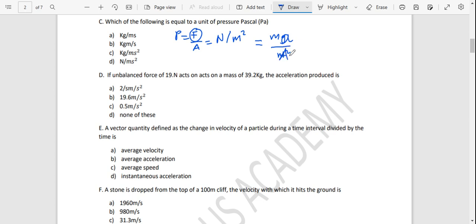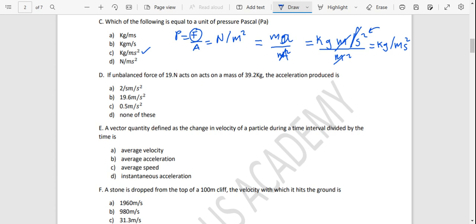Before I put m squared, let me put area there. So the unit for mass is kg. The unit for acceleration is meter per second squared. And in the denominator we've got area, which is given in meters squared. So 1 meter will cancel with 1 meter in the denominator. So we're going to remain with kg. Since the meter is in the denominator, we put per. And this second squared is also in the denominator because we can see this line. So that is going to be kg meter per second squared, which is C.